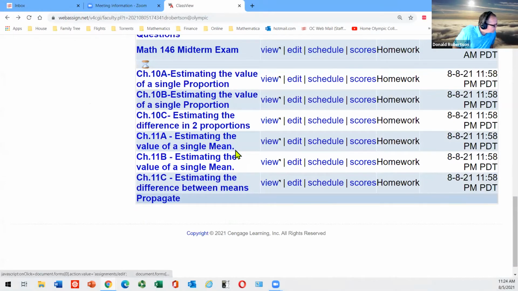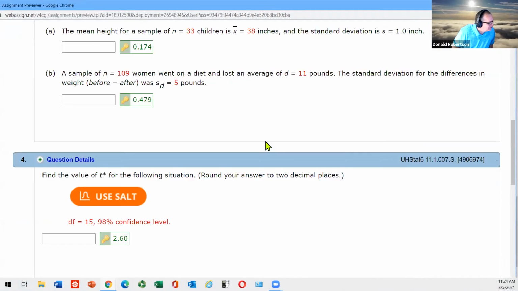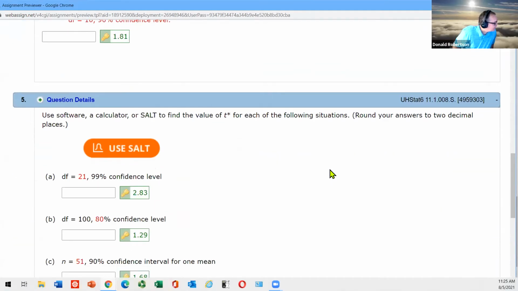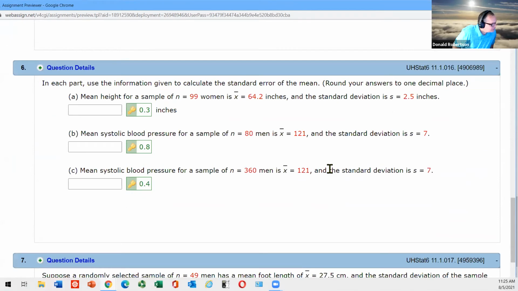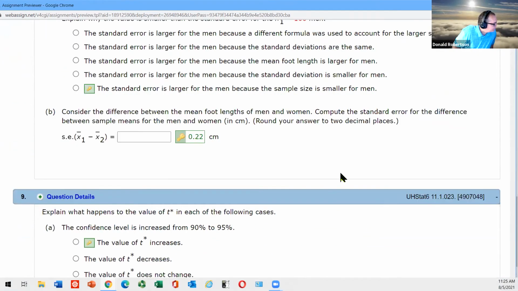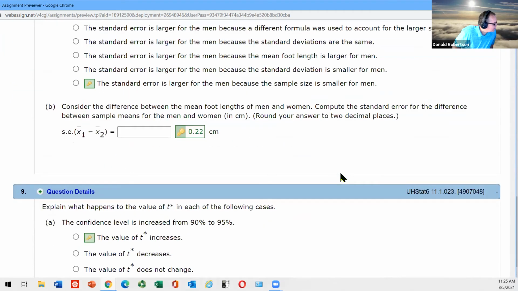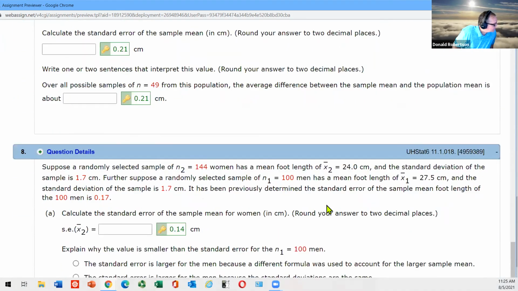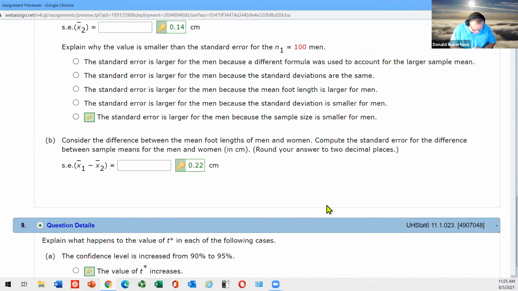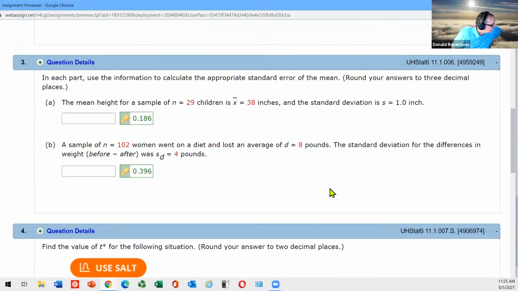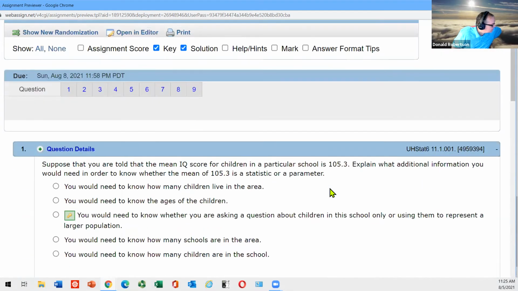Can I apologize? I am. That's tomorrow. Of course, 11A is the intro and 11B is find the intervals, but that's fine. Let me, can I find one? Okay.